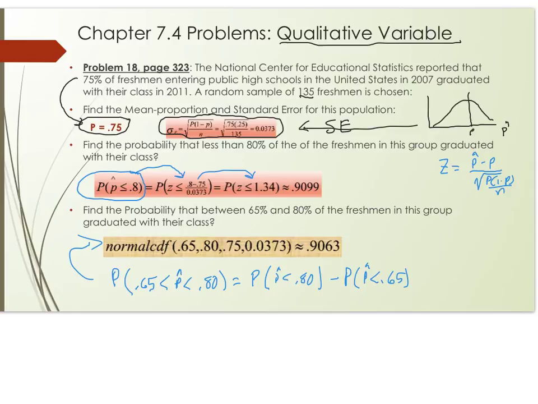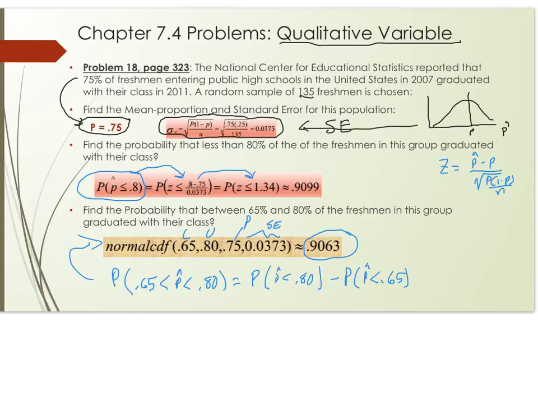Here is the lower bound, here is the upper bound. 0.75 is P, and our standard error, which we found up above, is the last entry, and we get approximately 0.9063.